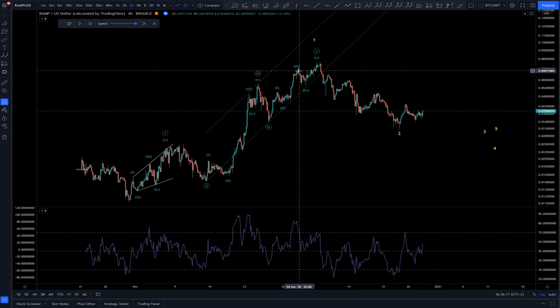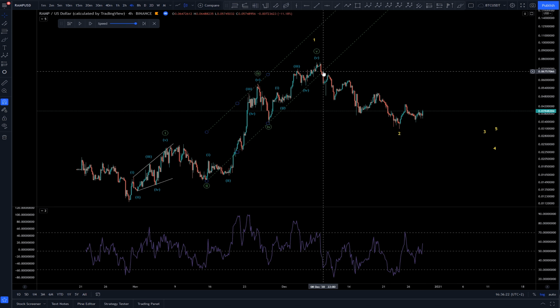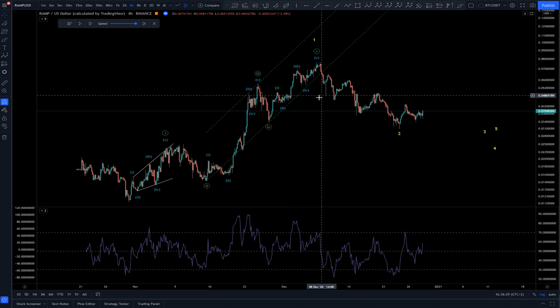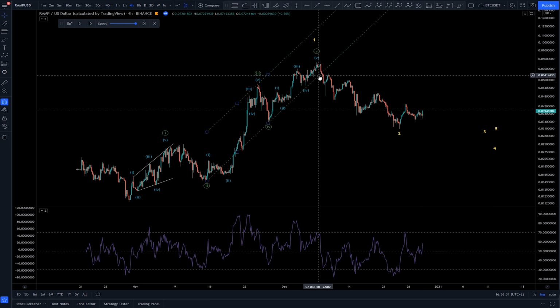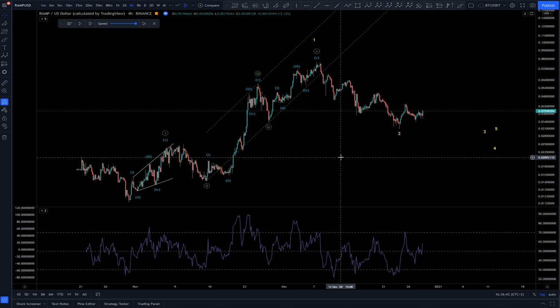It had divergence already in here, and a break of this channel would confirm the downtrend or the correction to have happened or start happening, and at this point you would at latest enter the short. If you would enter the short here, it would be fine, and you would use this as a confirmation basically. And that's how you would go on forward and start labeling everything.